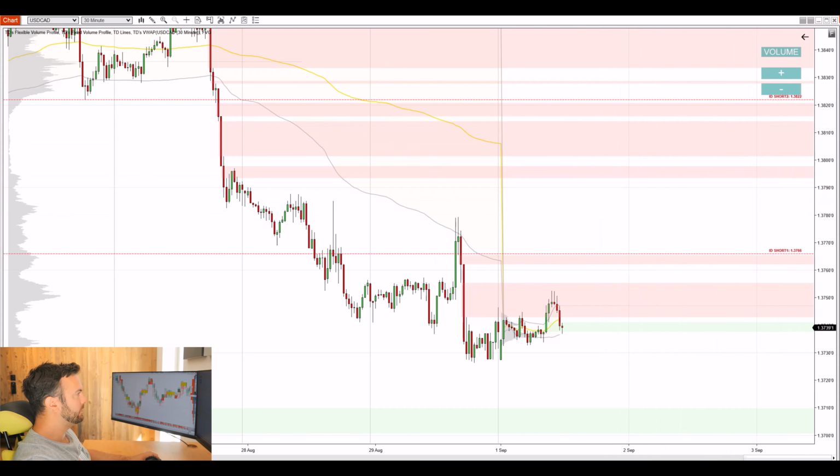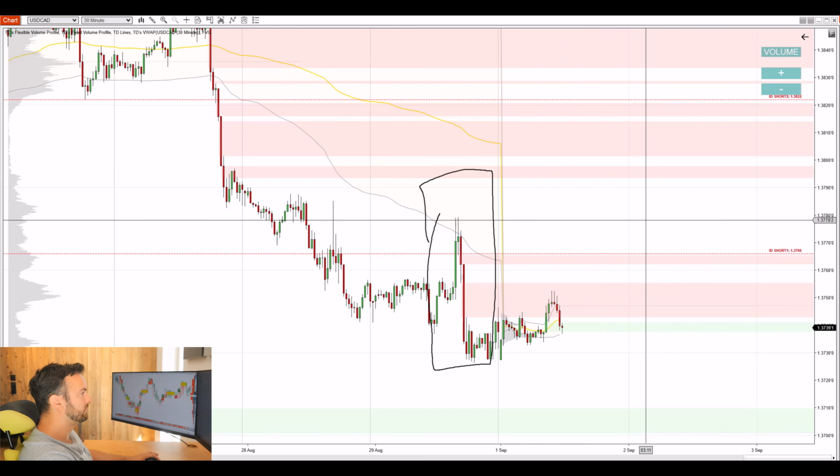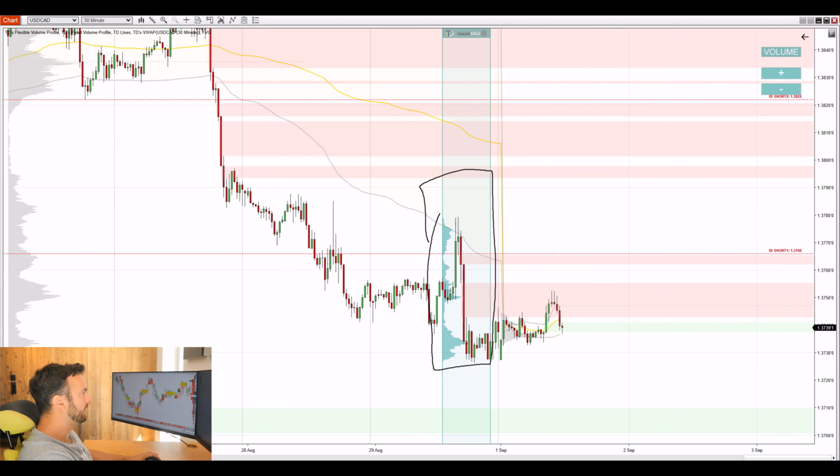What I want to see when there's a strong rejection like this one, I want to see heavy volumes somewhere around the place where the price turned, like in here, because I need to see where the sellers stepped in, right? Where the sellers who pushed the price downwards again, where they stepped in.